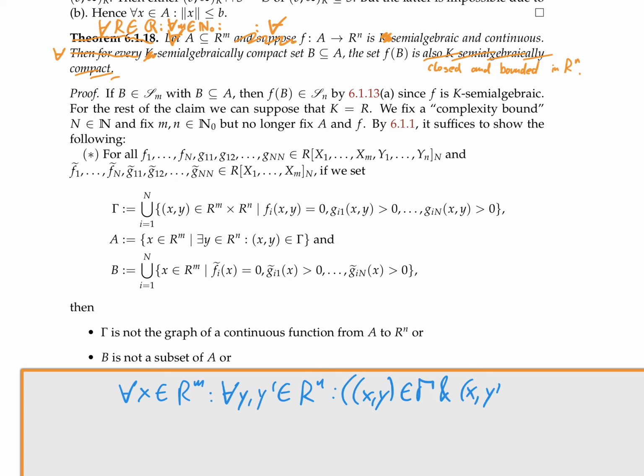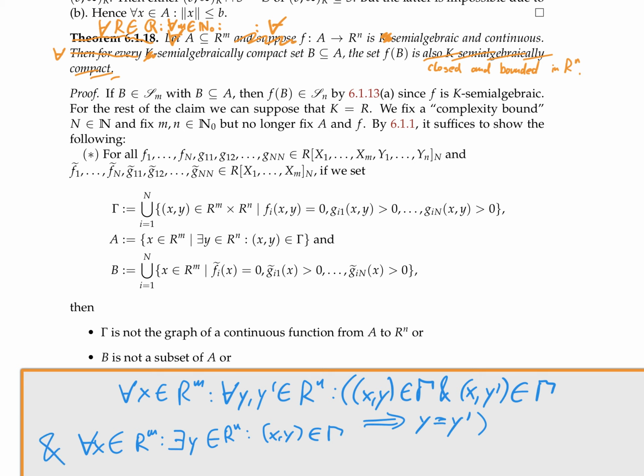Equality of tuples is, of course, component-wise equality, but you can write this down really component by component as a finite conjunction. And also that for all x in R^m, there exists a y in R^n such that (x,y) lies in gamma, right? So this and this, right?